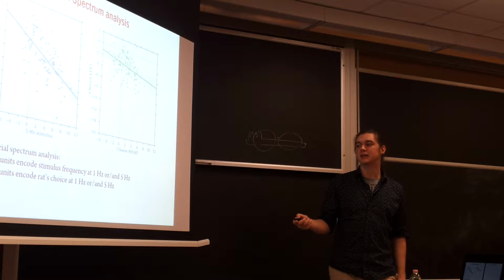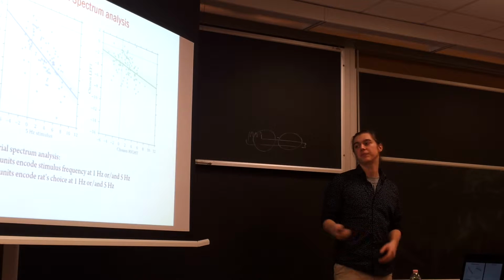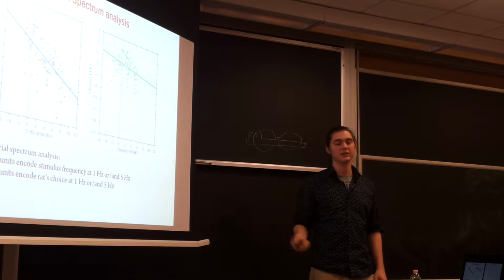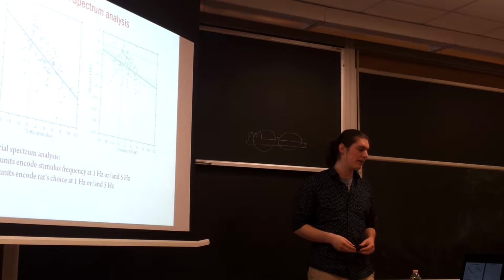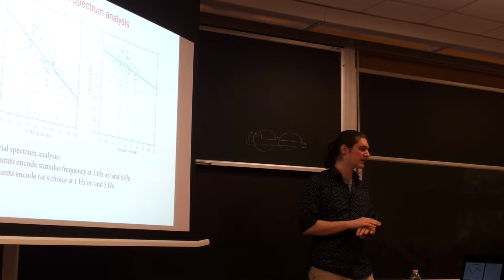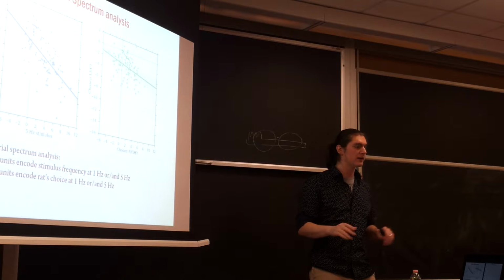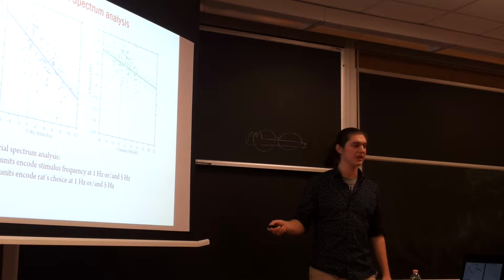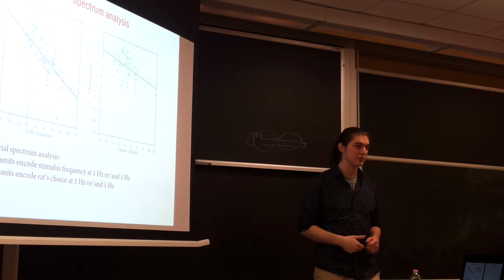So it may be that what the spectrum is actually encoding is only stimulus frequency, but because of the correlation, some comes also from the rat's choice. In the end, if you imagine that the rat does the task perfectly, then this would even be the same. I mean, there would be no difference between these.